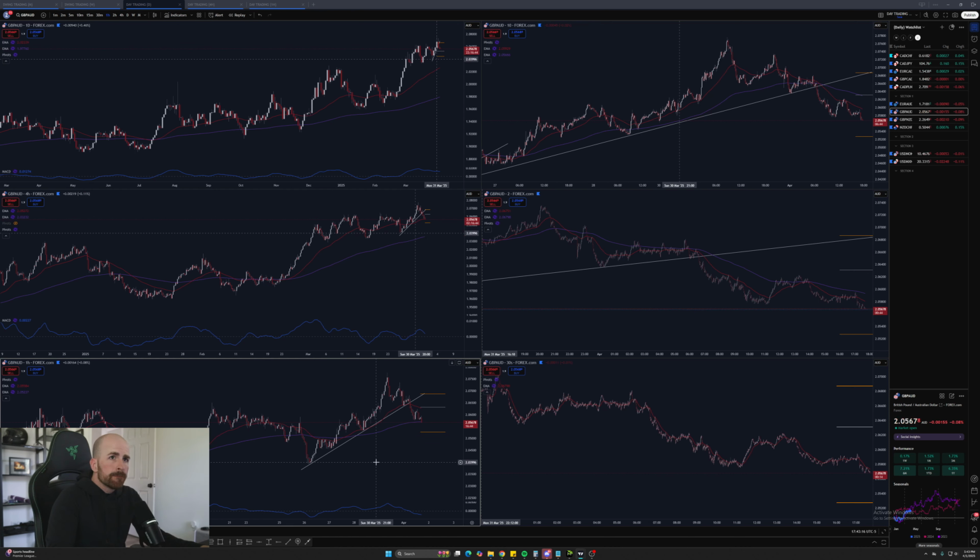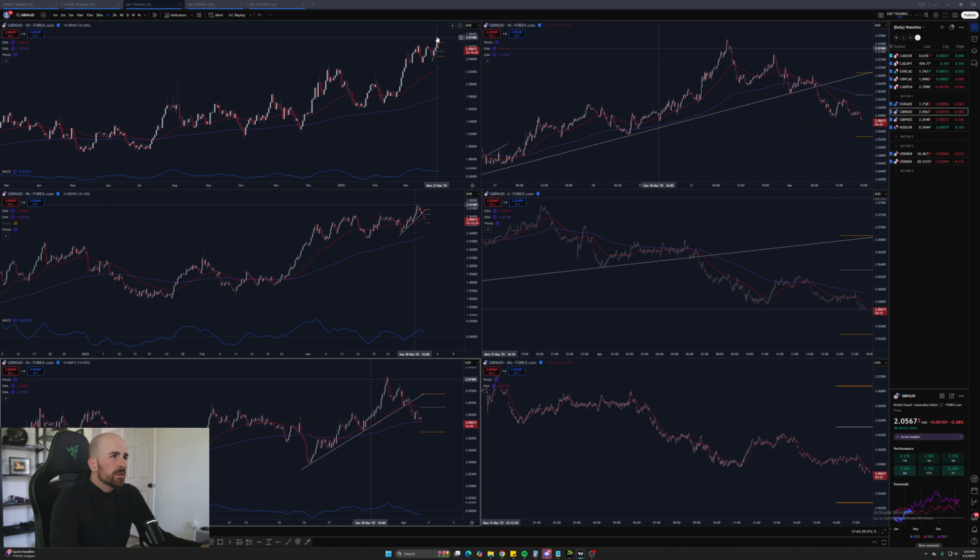It's interesting. I don't love the price action for maybe a short, but it also could be a long. The daily chart's starting to look nice, but it hasn't really given a trend confirmation or a trend change yet. Still kind of bullish on the 4-hour, still kind of bullish on the daily.